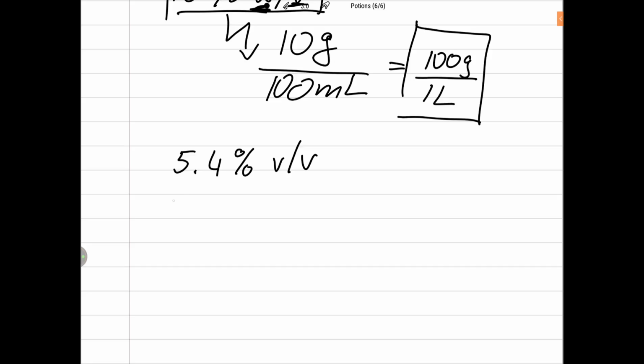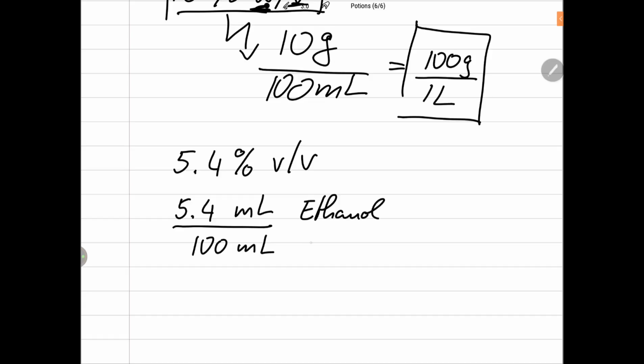It just simply means 5.4 milliliter of alcohol per 100 milliliter total volume. 5.4% volume per volume. So that means a liquid in liquid. Okay? And you will get questions about that.